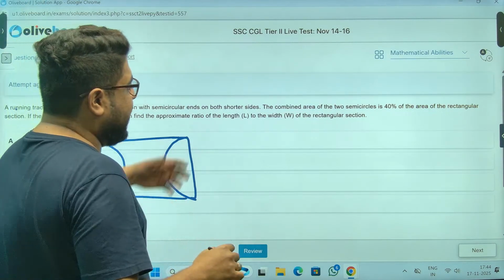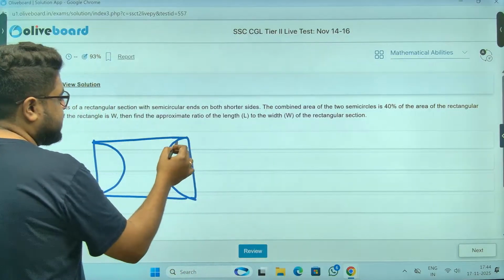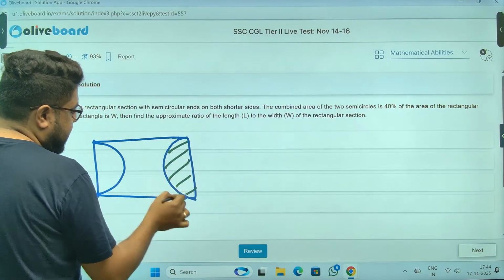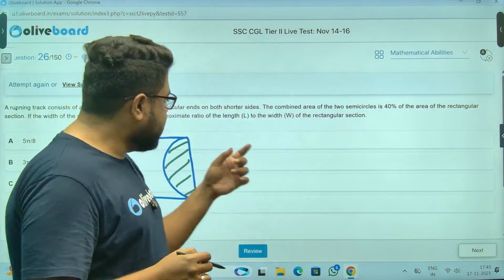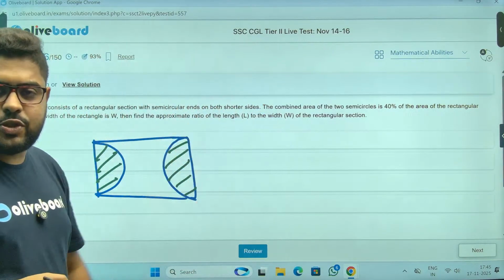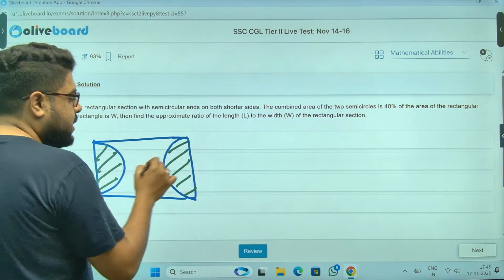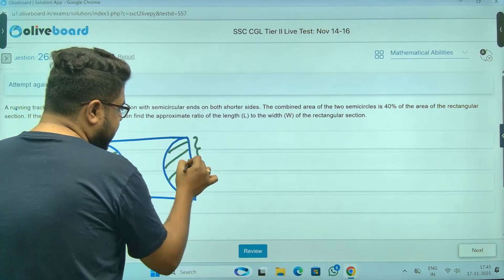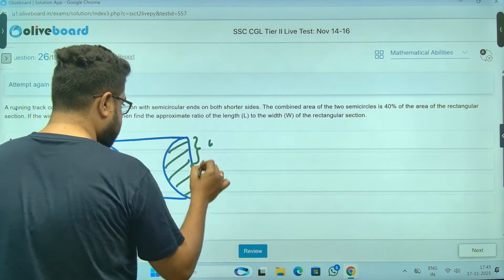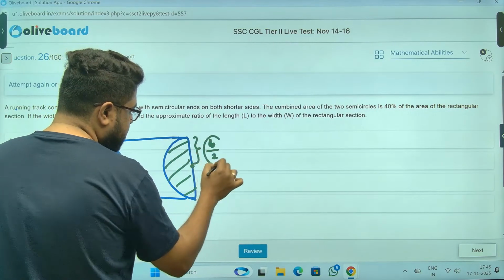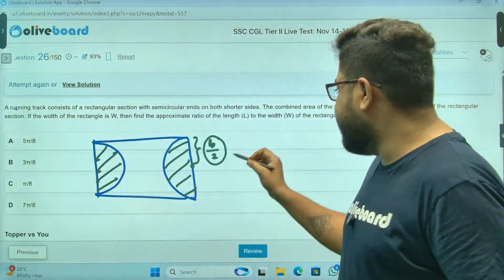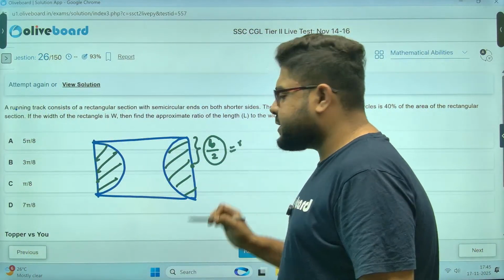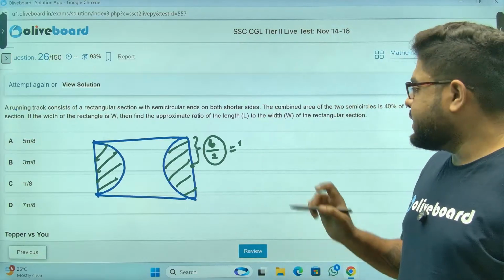Now, area of the two semicircles, meaning, sir, one circle, two equal semicircles. It's based on the smaller sides. Sides are equal. So the radius is, sir, breadth divided by 2. Please understand, everyone, this is your radius.